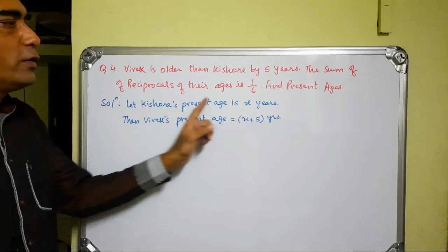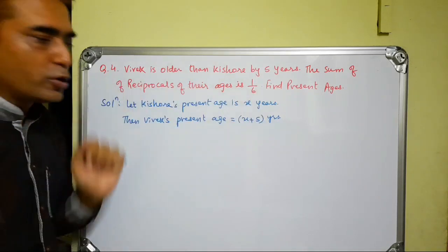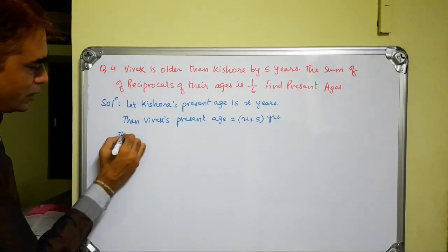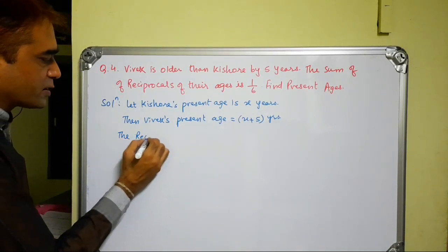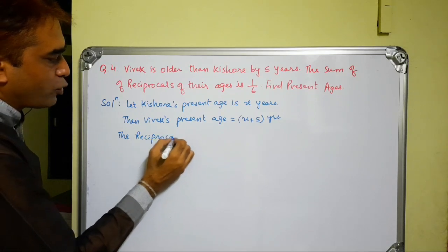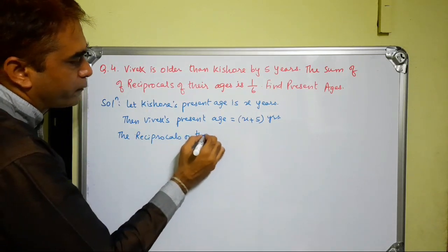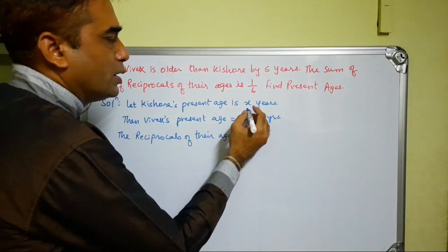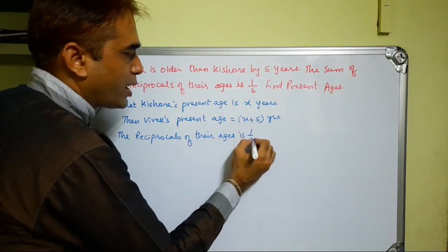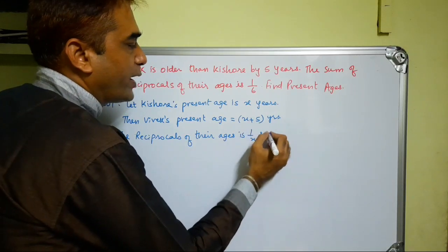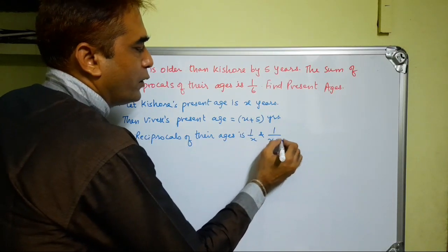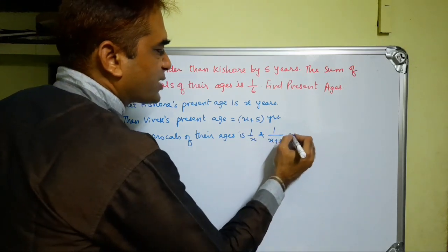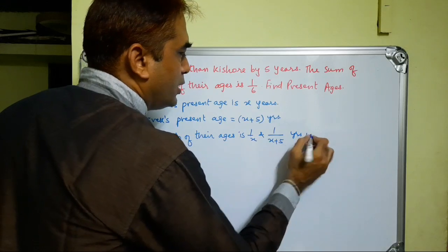Now the sum of reciprocals is 1/6. So what is the reciprocal of their ages? The reciprocals or multiplicative inverse. Reciprocal of x is 1/x, and reciprocal of x plus 5 is 1/(x plus 5) respectively.